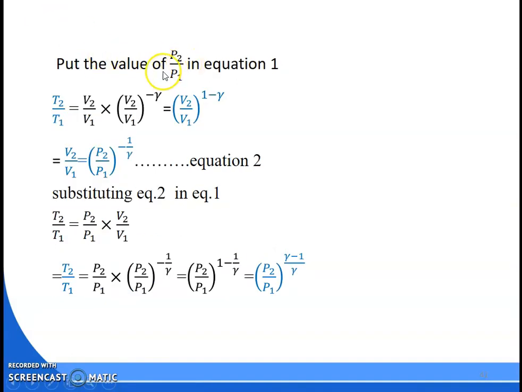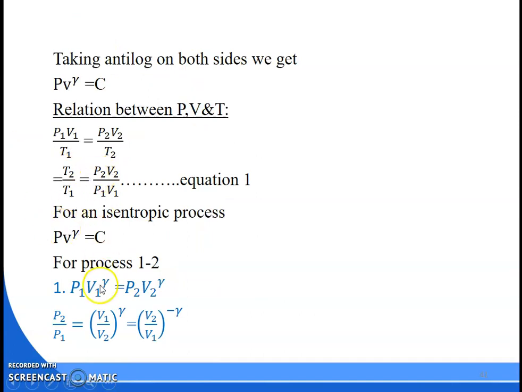Okay. So put the value of P2 by P1 in equation 1. What is the value of P2 by P1? (V1 by V2) to the power gamma. So T2 by T1 is equal to, in place of P2 by P1, what can I write? (V1 by V2) to the power gamma, but here is your V2 by V1, so we can put (V2 by V1) to the power minus gamma.